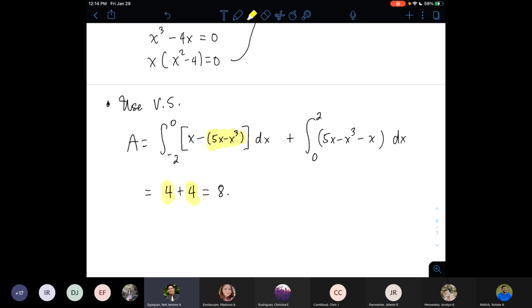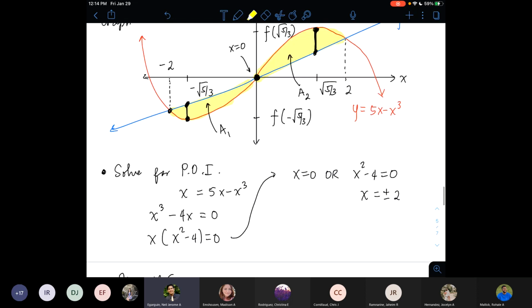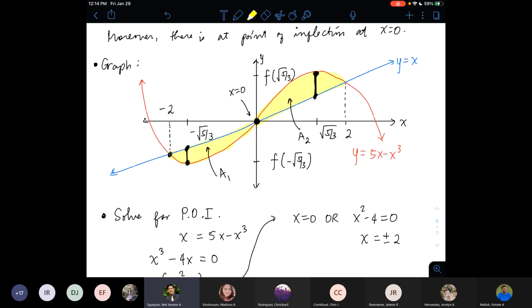But unfortunately, I want to be careful in using symmetry because, at least according to my graph, I'm not sure if it's symmetric at all. But if you know the dynamics or if you have an idea about the symmetry of the function, then it's fine to use symmetry. It's just that for this particular example, I am not sure that area 1 is symmetric to area 2.